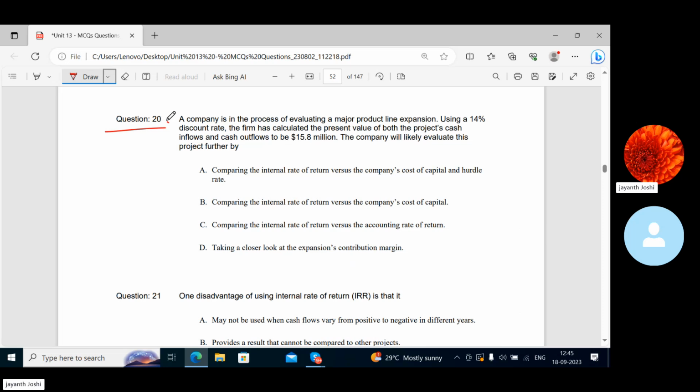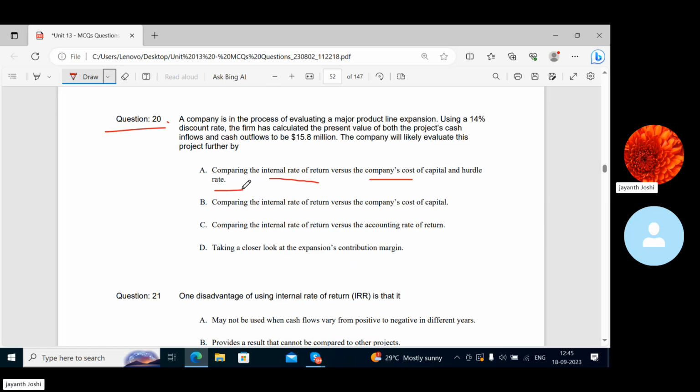Both projects are giving the same kind of inflows and outflows, 15.8. The company will likely evaluate this project further by... I think comparing the IRR versus the cost of capital and hurdle rate looks most relevant, right? They'll compare everything, right? Yes.